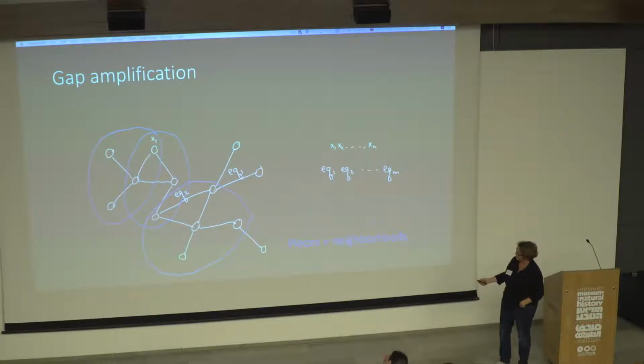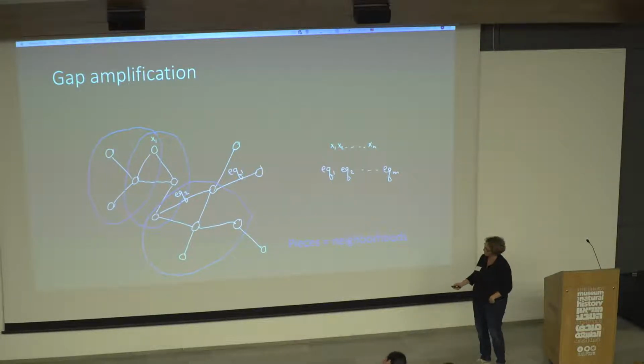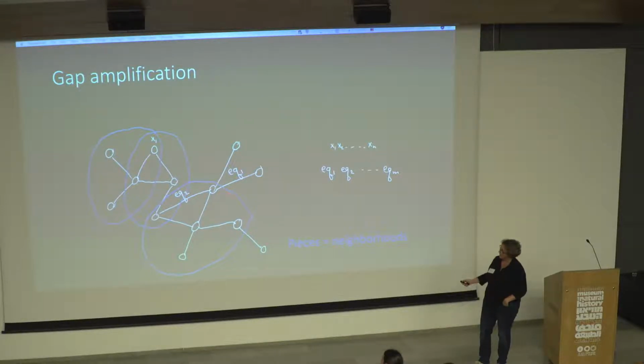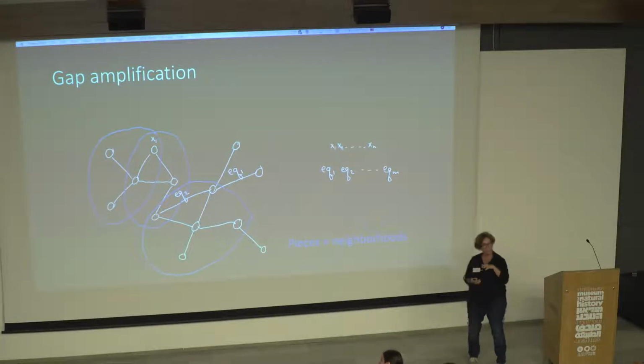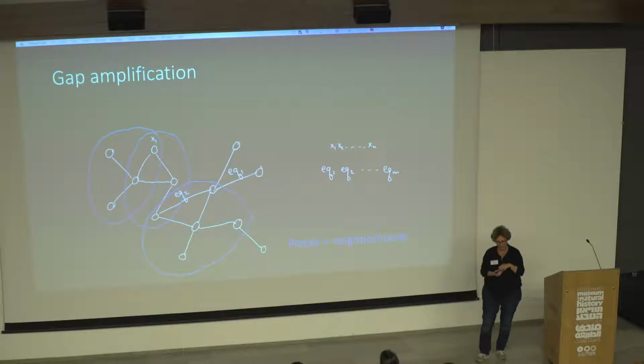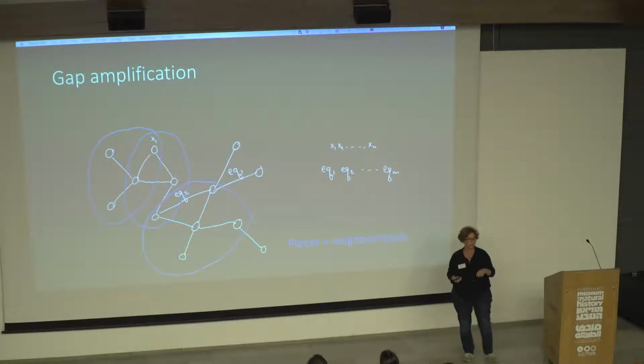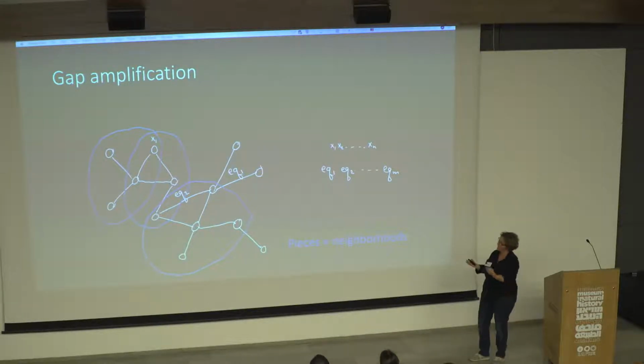And what you're going to ask the prover is to give you, for each piece, an assignment to the variables in that piece. And you're going to check that this assignment satisfies all of the equations that are inside the piece. So you know that locally all the constraints are going to be satisfied for each piece separately. But then the agreement test is going to ask whether two pieces that have some significant overlap actually agree on the bits that are in the intersection.